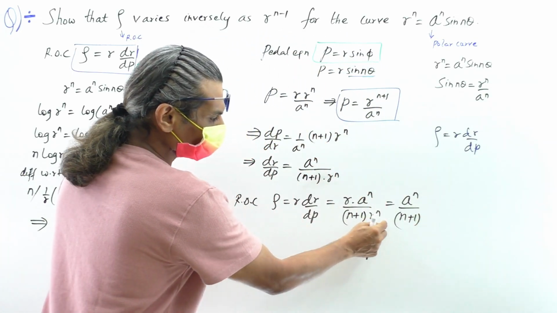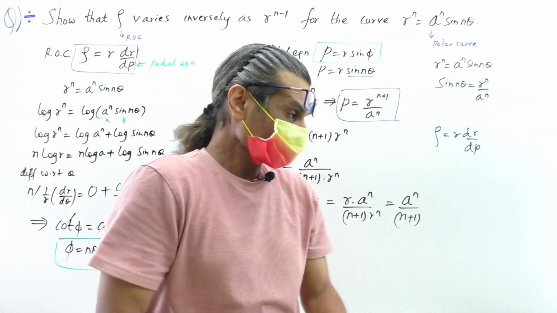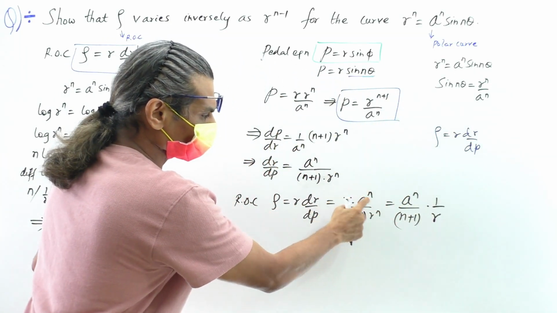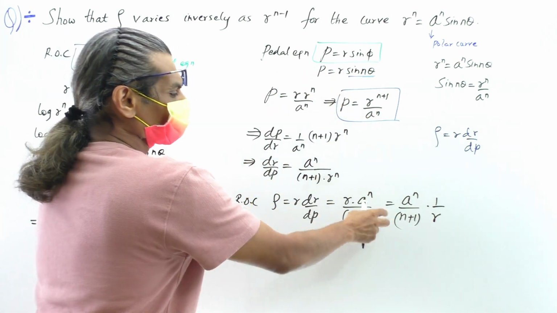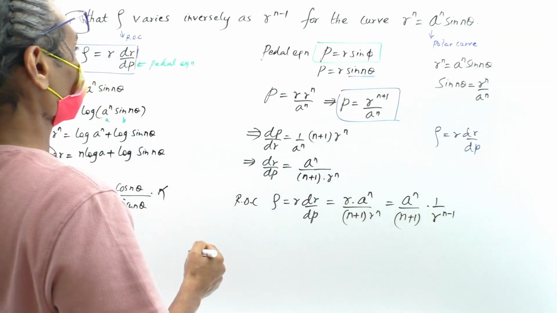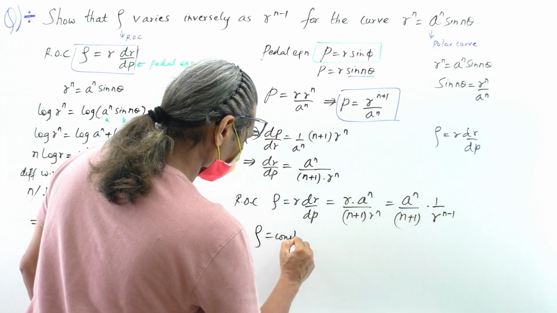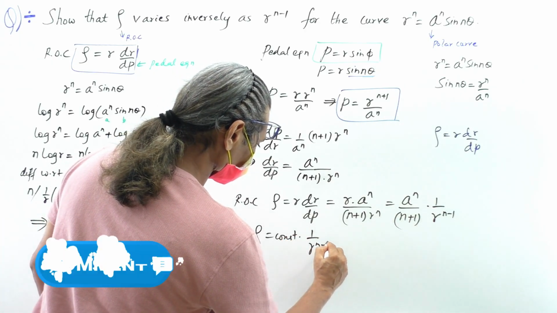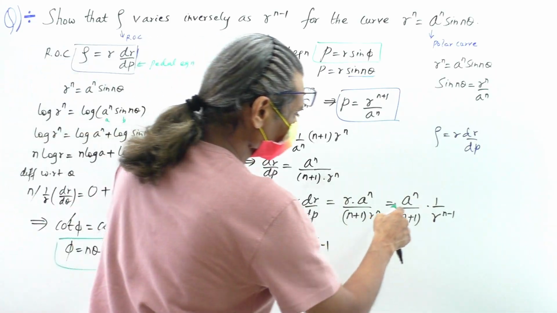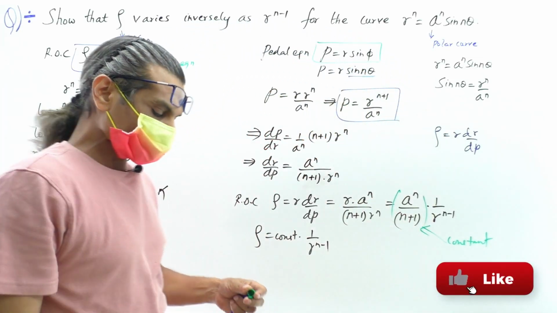If you bring this r upon r^n, r^1 upon r^n, I can take r^(1-n), or if I take this r^n down, it will become r^(n-1). Therefore rho is equal to constant into 1 upon r^(n-1), because this whole thing is a constant.